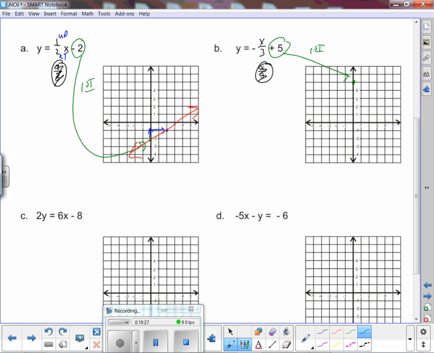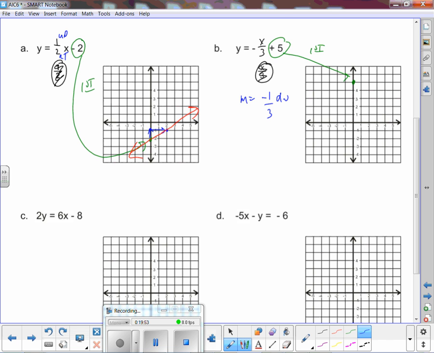All right, what do I do next, Gavin? And what is the slope? All right, be careful. There's a negative sign there, right? So the slope is -1/3. So what do I do?